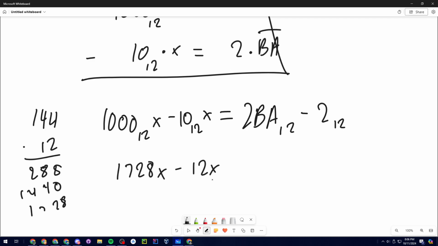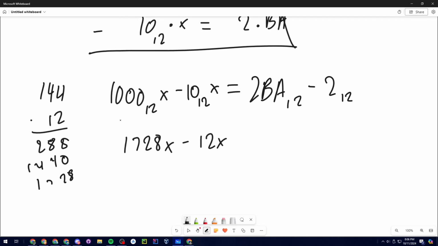After you get to this point, you're going to realize, hey, why did I not do this in base 12? It would be 11, 11, 0. That's just more multiplication for me, so I left it like that.